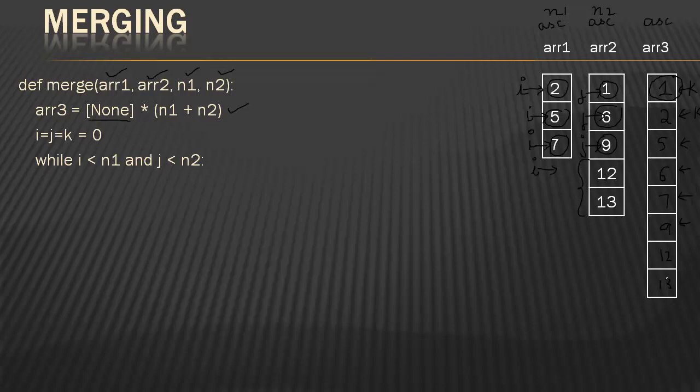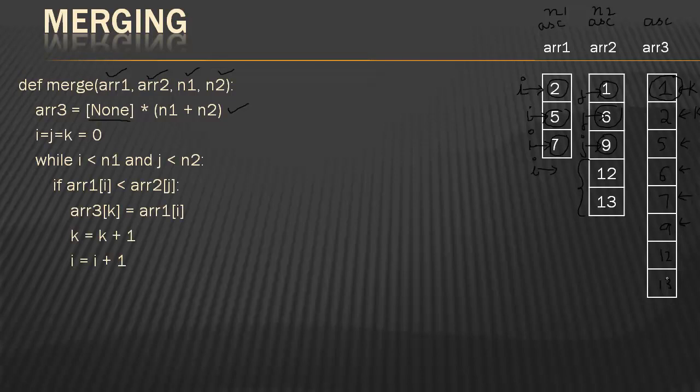Now, why is this loop written? This is the loop that does the comparison between the ith element and the jth element. And when can you compare? As long as I is within the range of the array and as long as j is within the range of the array. What do you mean by within the range? That means that it's a valid index location. So as long as I and j's values are less than n1 and n2, what you do is compare.